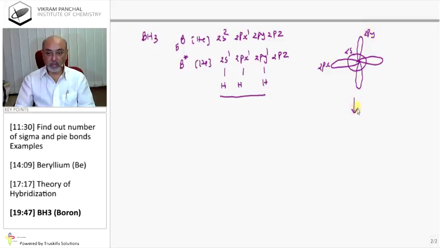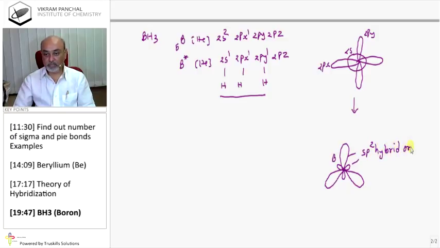These 3 different orbitals of the atom produce 3 hybrid orbitals of boron, and they will be arranged at 120 degrees. And these are known as sp2 hybrid orbitals, which have 33% s character.